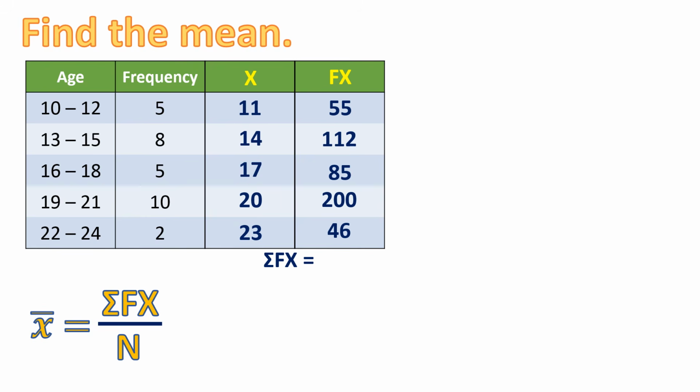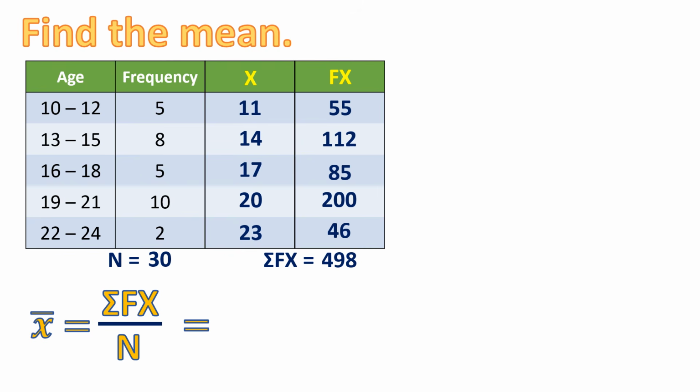So the sum of fx is equal to 498 if you will use your calculator. And so we have the sum of fx, and then we still need the capital N. Sometimes we put there sum of f because N is actually the total frequency, or the sum of the frequency. So we'll solve for the N, which is equal to, we'll add all 5 plus 8 plus 5 plus 10 plus 2 is 30.